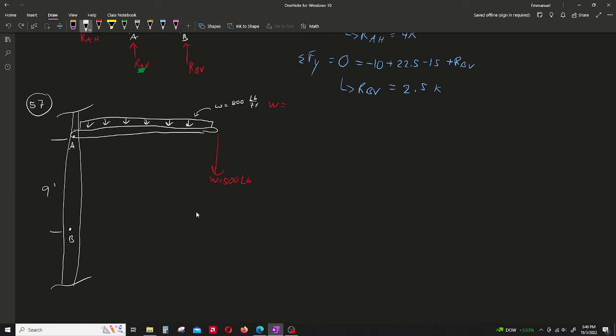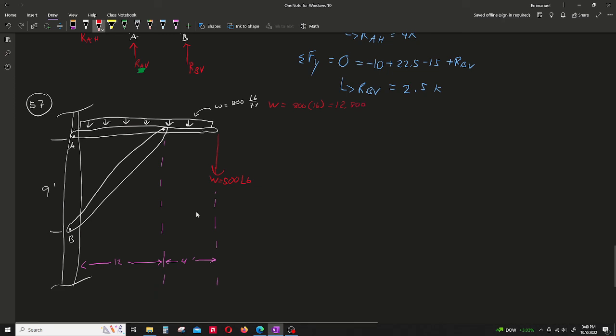Because we've got a situation at D here, from D to B, and from D to B. Yeah, so therefore big W is going to be 12 plus 4, which is 16, so 800 times 16, and that comes out to be 12,800.